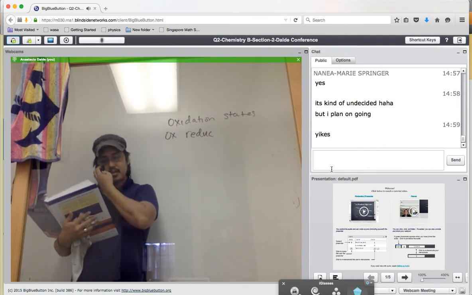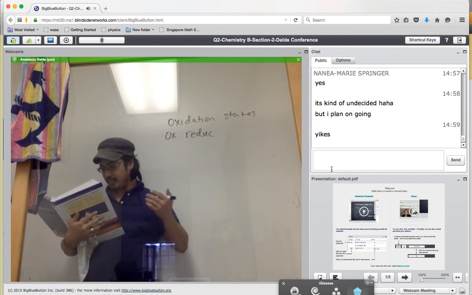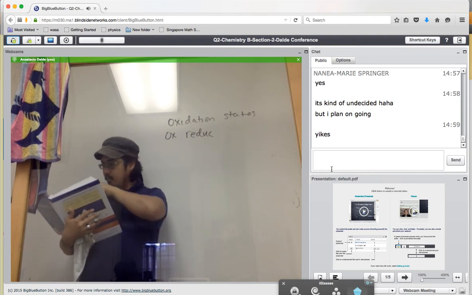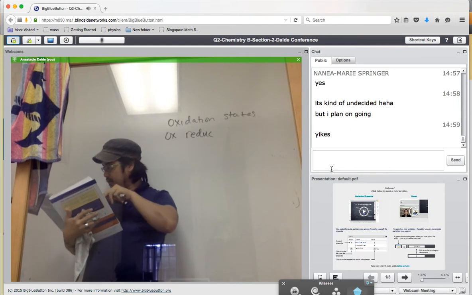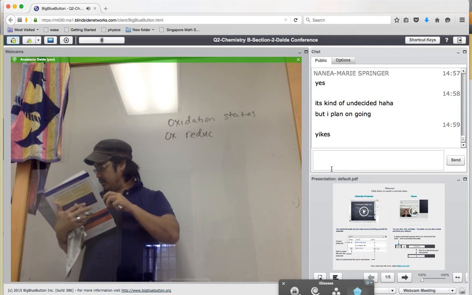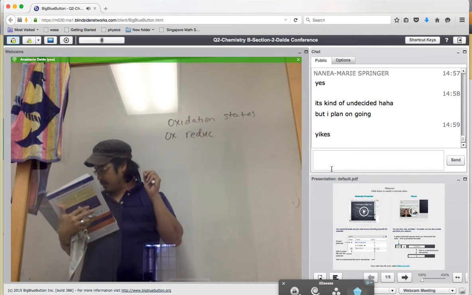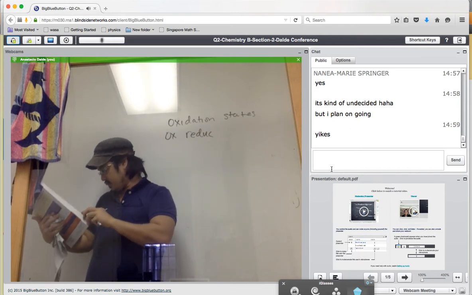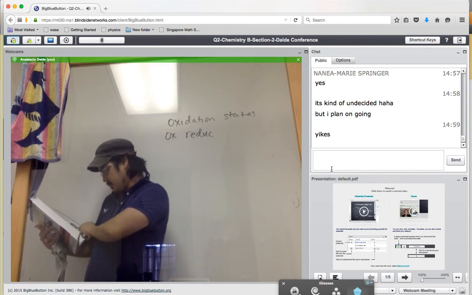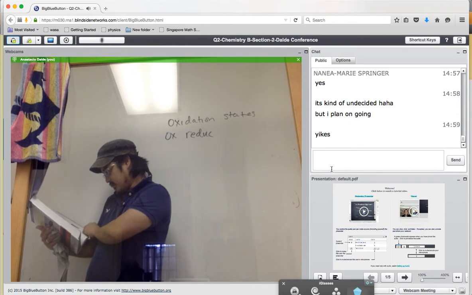All right. So there's these rules, okay? And one of the things that I want to make sure that you know is that oxidation is when... I don't want to screw it up, so I'm making sure I read it. Where does it say this? The characteristics for oxidation reactions.